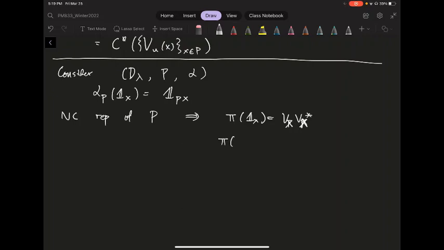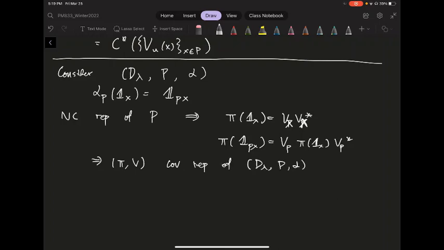So pi of 1_{px}, which is the action by p, equals V_p pi of 1_x V_p star. So every Nica covariant representation corresponds to a covariant representation. That leads to a covariant representation (pi, V) of this dynamic, and the converse is also true.